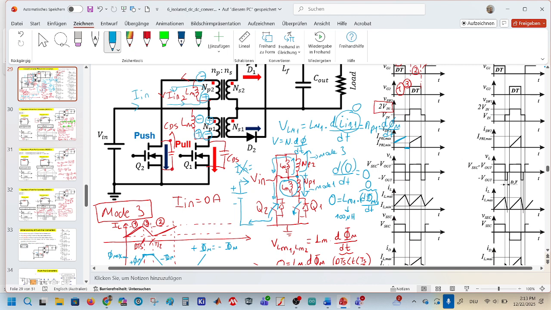And due to the current, the polarity changes, and the flux now should decrease because of the change of polarity here. It was, for example, plus, and now it's minus.